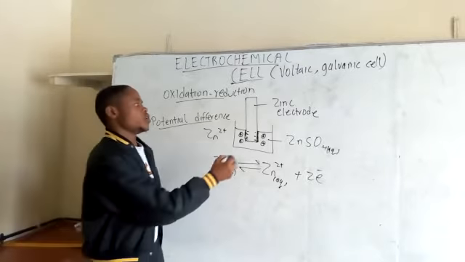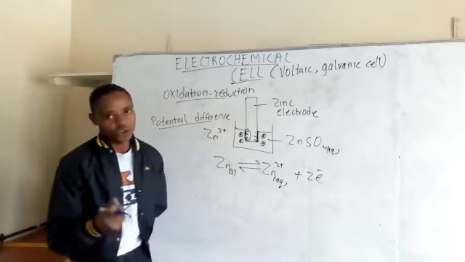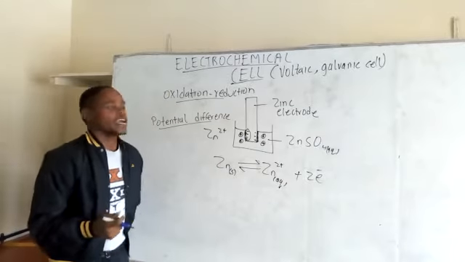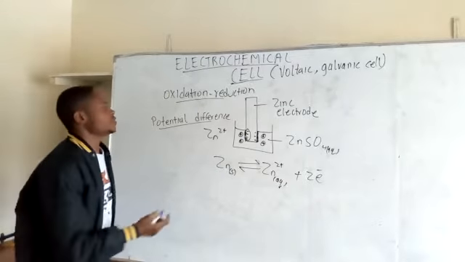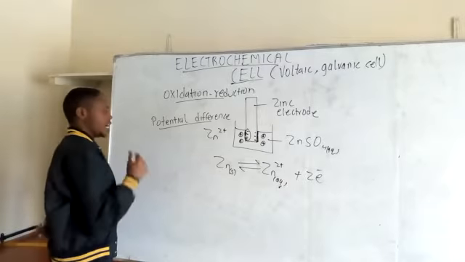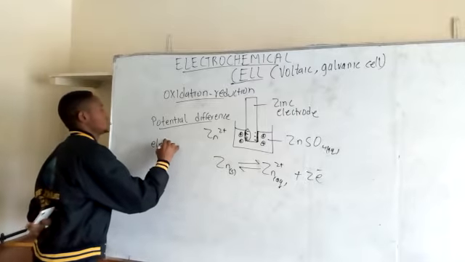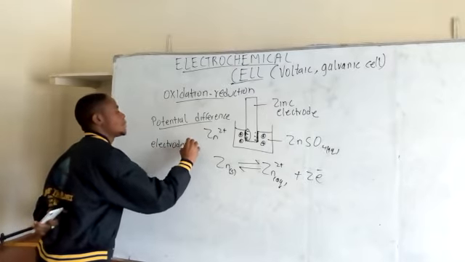It is possible to calculate the concentration of the electrons on the metal surface, and the measure of the concentration of those electrons is referred to as the electrode potential.